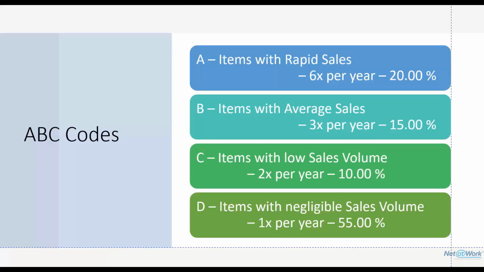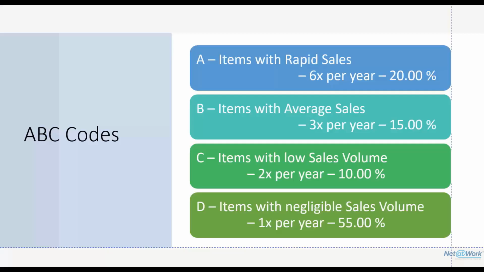Okay, so first thing, let's talk about ABC codes. There are a number of different definitions of ABC codes, but essentially it boils down to this. You have codes A, B, C, D, and an infinite number. What we're choosing to show here is A, items with rapid sales, and you want to count these approximately 6 times per year. And the turnover rate is about 20%.